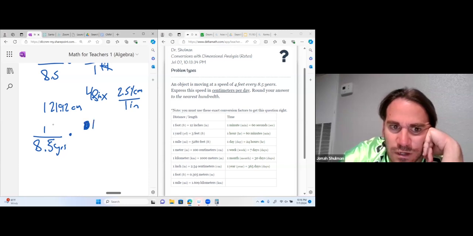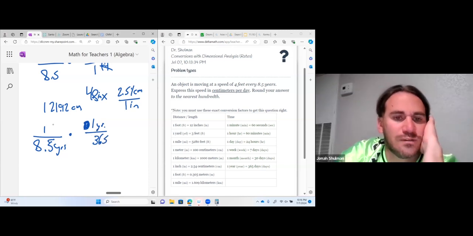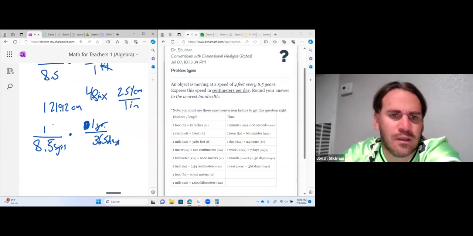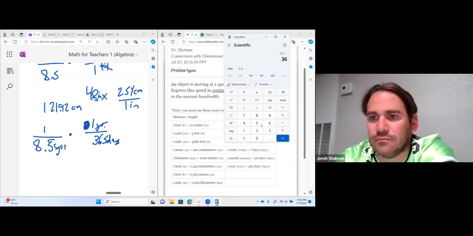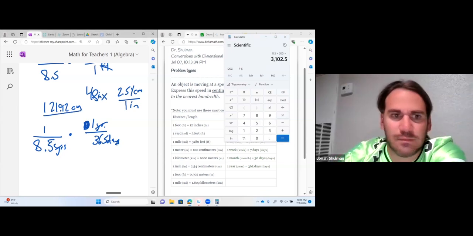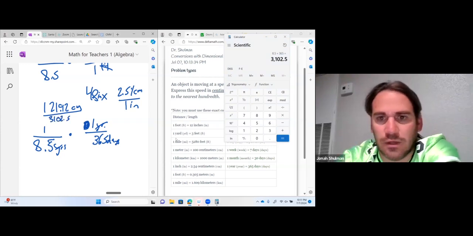So I put 1 year times 365. Those will cancel, and now I just have days on the bottom. So it's 8.5 times 365. So we have the top, which is centimeters, and then we have the bottom, which is 3102.5.